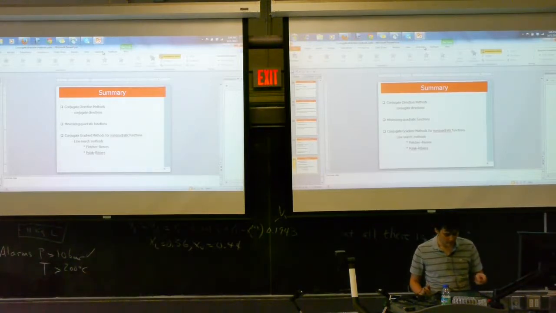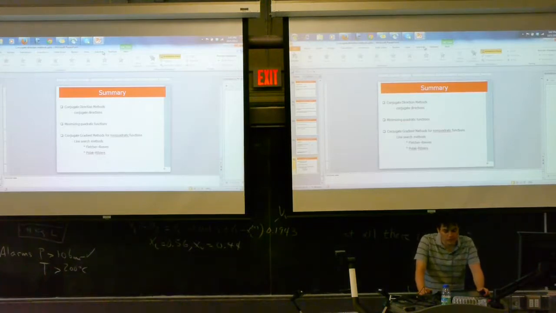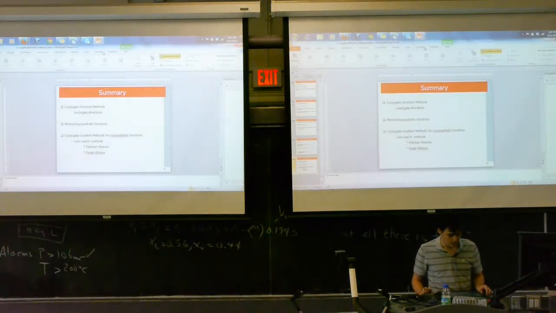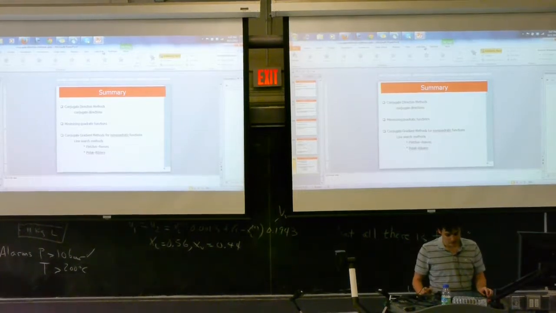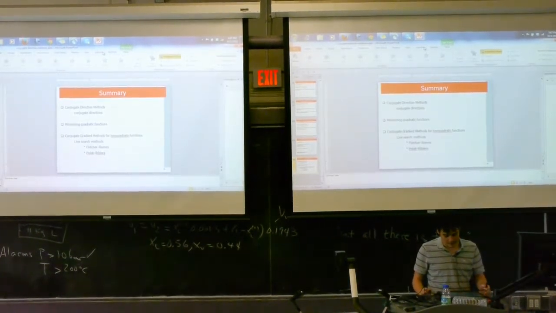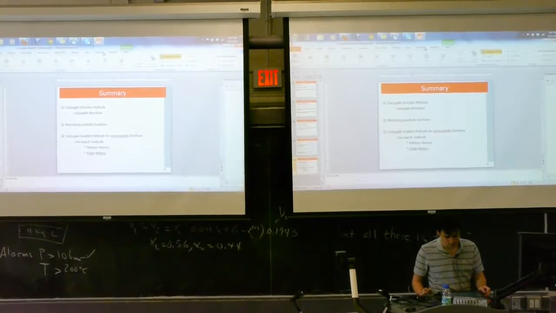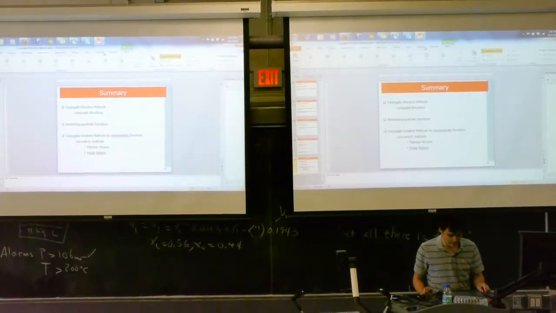So as a summary, we discussed how to use conjugate direction methods to minimize quadratic problems without any constraints. And we also discussed how to use the gradient to generate conjugate directions that use gradients.